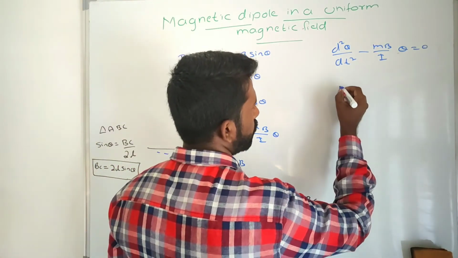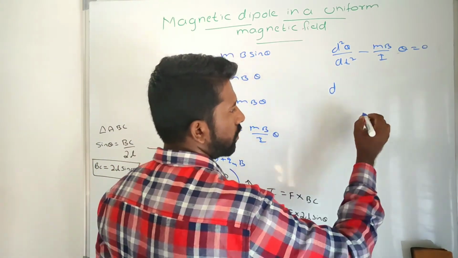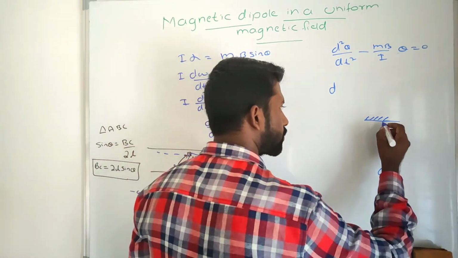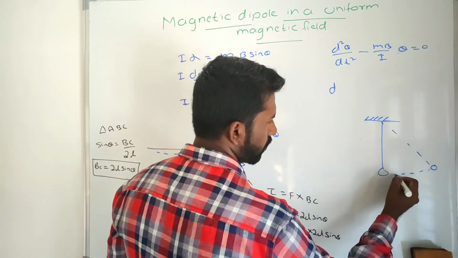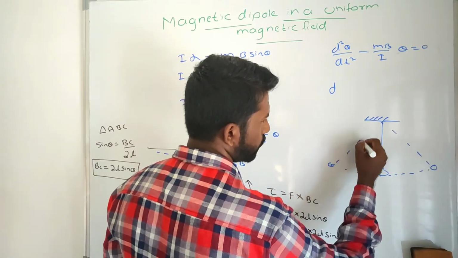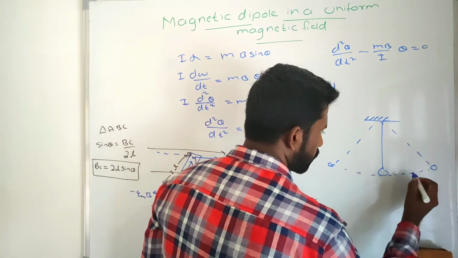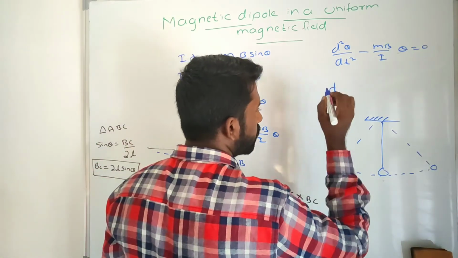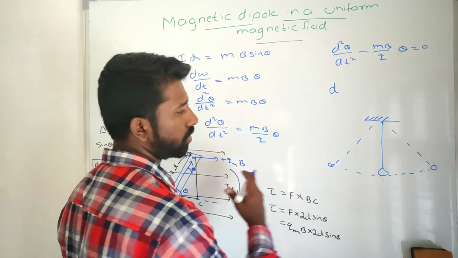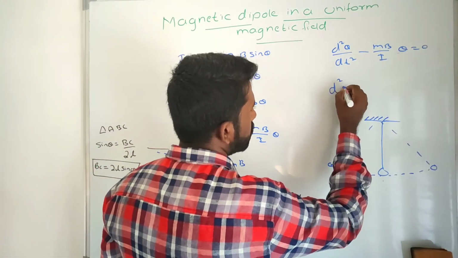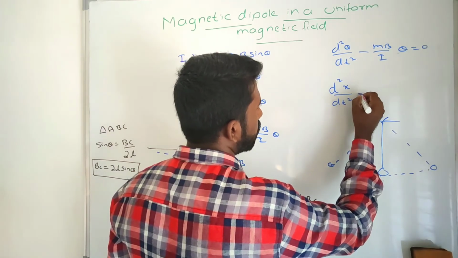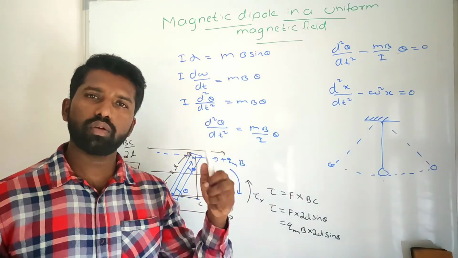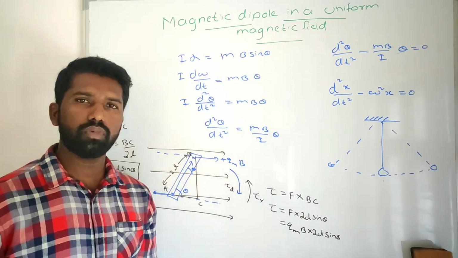So what is the equation of a simple harmonic motion? If you consider a simple pendulum, if you take it to this position, it will come to this, and again it will reach this position, again trying to go back to its equilibrium position. Like this it will oscillate. So this is the simple harmonic motion. That equation is d square x by dt square minus omega square x is equal to 0, where omega is the angular frequency of the simple harmonic motion.